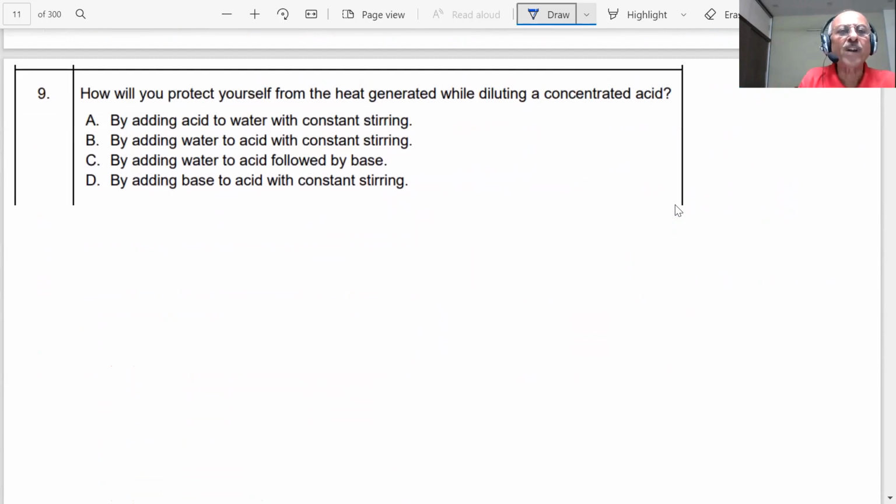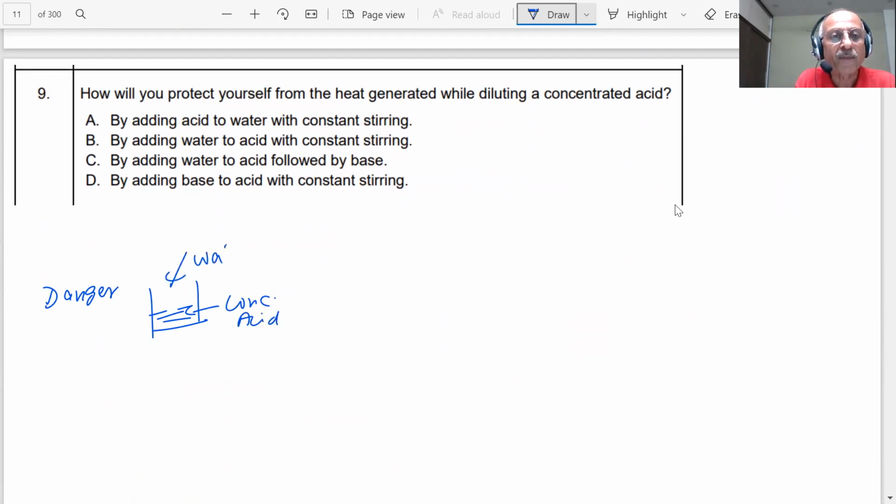Coming to question 9: how will you protect yourself from the heat generated while diluting a concentrated acid? You are aware of this. Danger mark, danger. If I have a concentrated acid and I add water, what will happen? It is a highly exothermic reaction, and it is very dangerous.